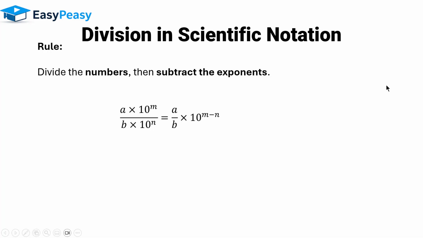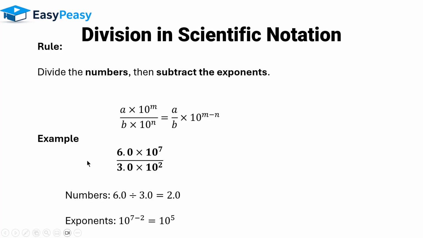Let's take an example. First, we divide the numbers: 3 divided by 6, the answer is 0.5. And then we subtract 2 from 7, that becomes 5. Let's put them together. Easy again, right?